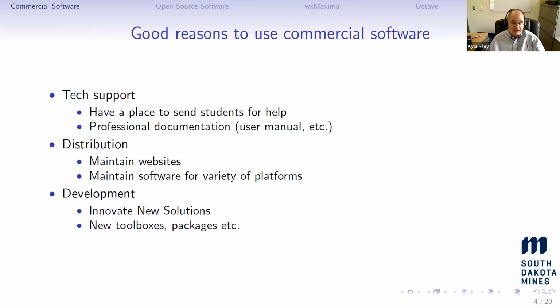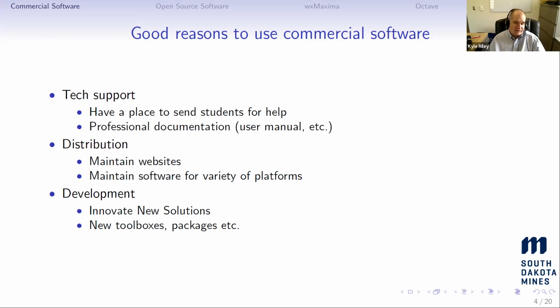There's a lot of good reasons to use commercial software. You have more tech support with commercial software, so you have a place to send students if they have issues. The documentation is usually maintained at a regular rate because they invest in writers and other people to maintain the documentation more. Also, all the infrastructure for distribution and support, maintaining websites, making sure the software works with a variety of platforms.